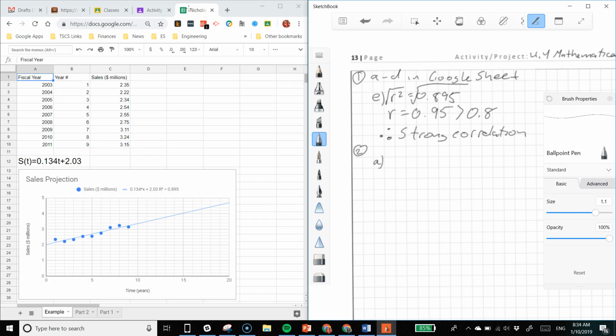I actually did this yesterday, but as a reminder, you're going to look at this equation right here and convert that into whichever are the appropriate variables. So for function notation, I need sales as my y-axis as a function of time equals 0.134t, because that's my time, plus 2.03. That was pretty easy.